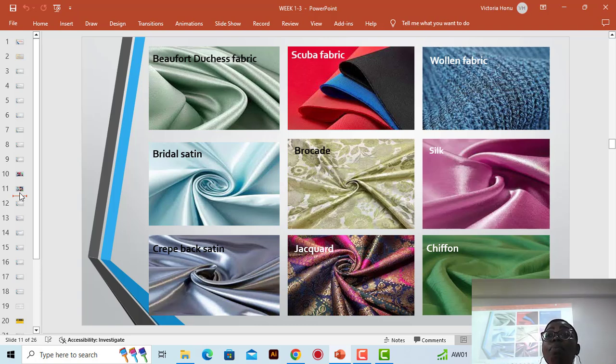And there are so many different types of fabrics. It's not only the ones I have shown to you. So you've seen the way I've made my fabrics. Have you seen it?